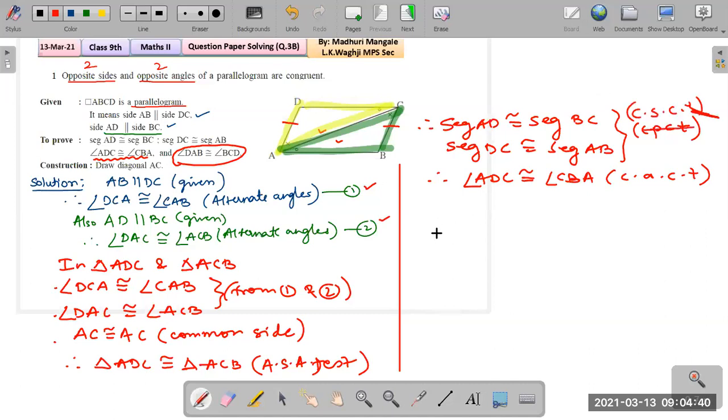And also, you can just mention similarly. No need to prove that, we can just state that similarly we can prove angle DAB is congruent to angle BCD. Okay, and hence proved. What have we proved? We have proved that opposite sides and opposite angles of a parallelogram are congruent.